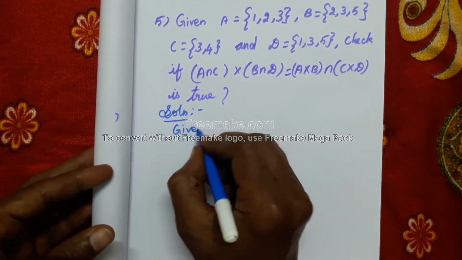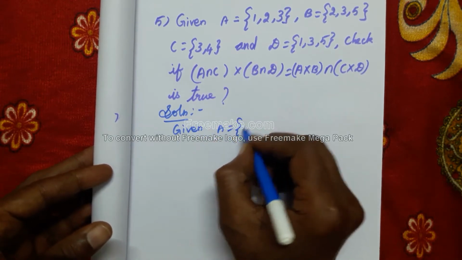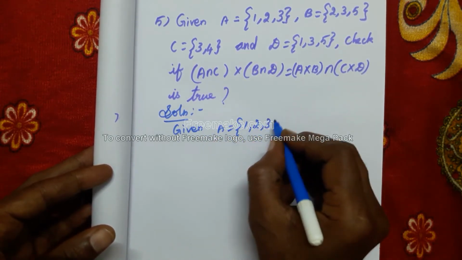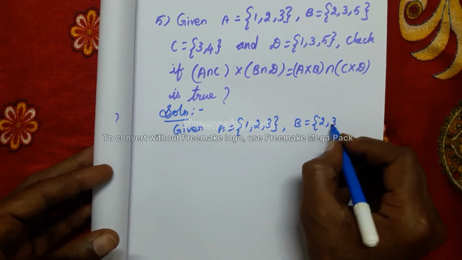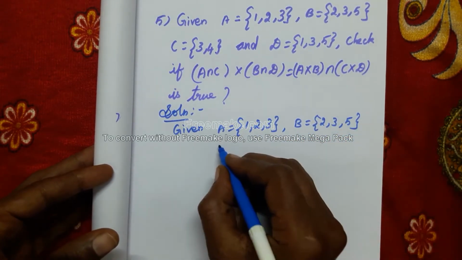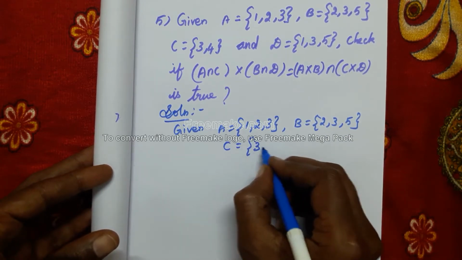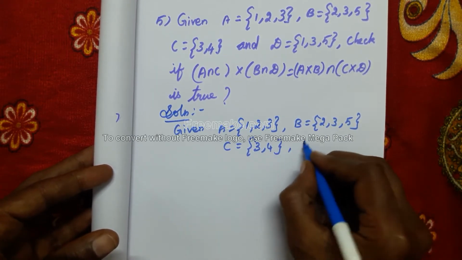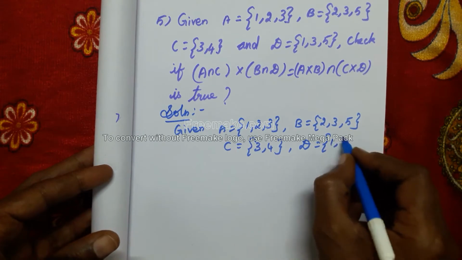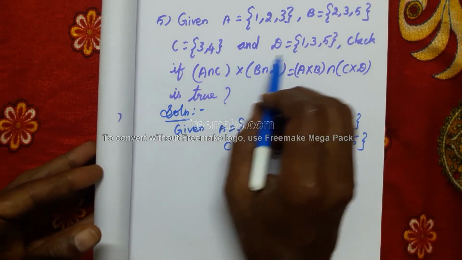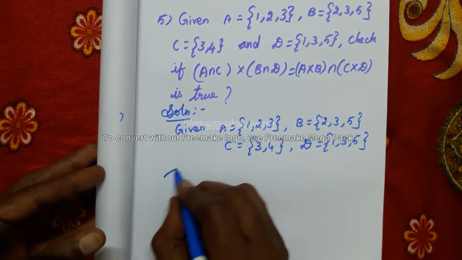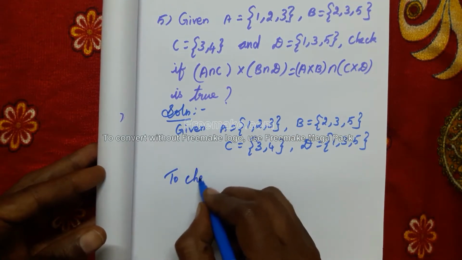First given A is equal to 1, 2, 3. B is equal to 2, 3, 5. C is equal to 3, 4. D is equal to 1, 3, 5. Whether we have to check, to check what we have to check?